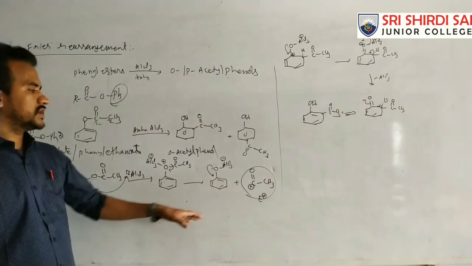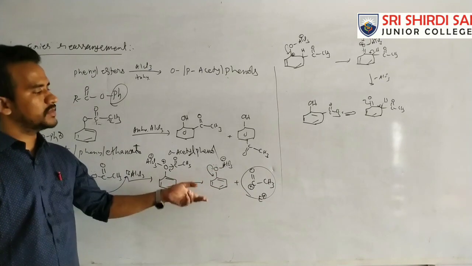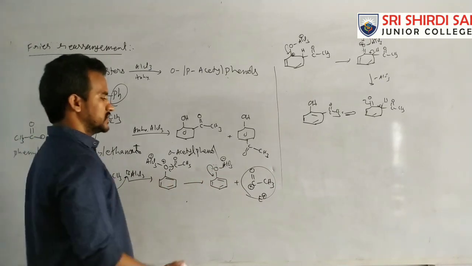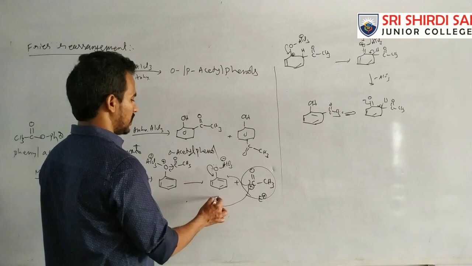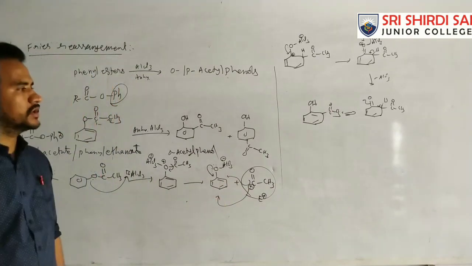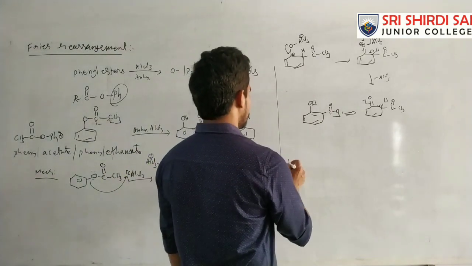In this fashion, the electrophile attacks at the ortho position and similarly at the para position. Generally, which product is the major product?